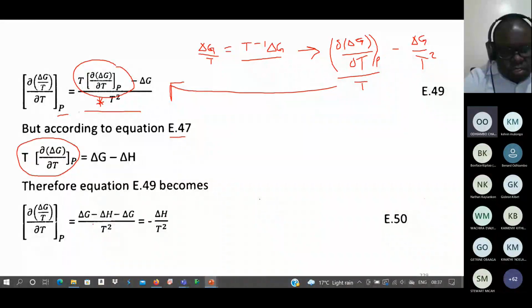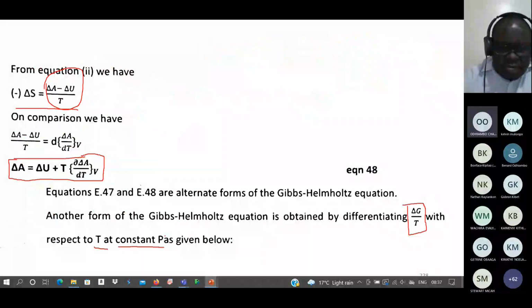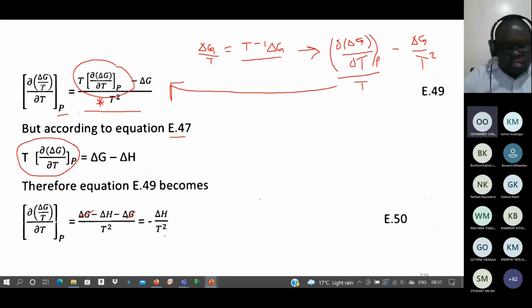So of course, this delta G cancels out. You remain with minus delta H over T squared. So that is another form of the Gibbs-Helmholtz equation.